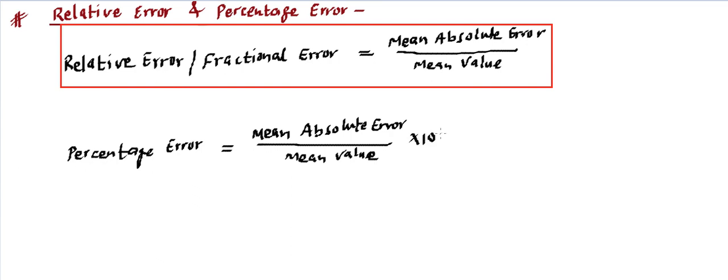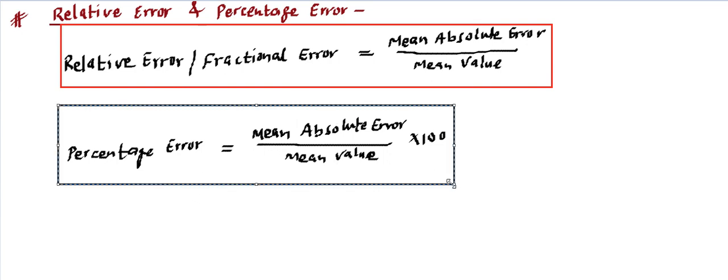If we multiply this by 100, then it becomes the percentage error. So we can find out the percentage error and the fractional or relative error.